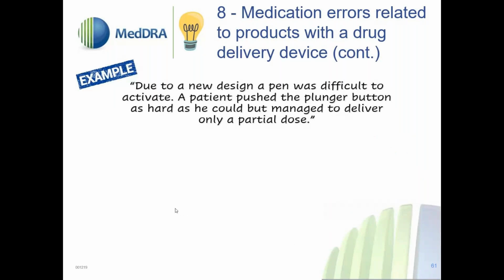Let's look at an example taken from the new version of the Points to Consider companion document. It is reported that due to a new design, a pen was difficult to activate. A patient pushed the plunger button as hard as he could, but managed to deliver only a partial dose.